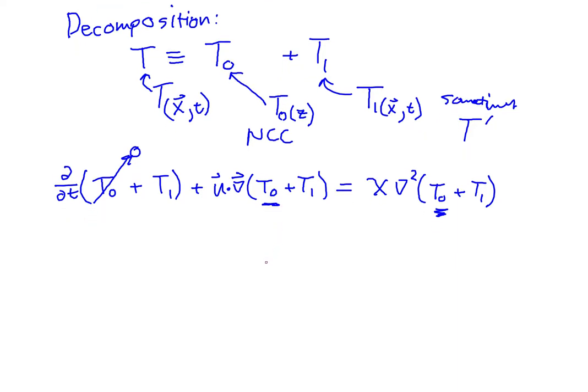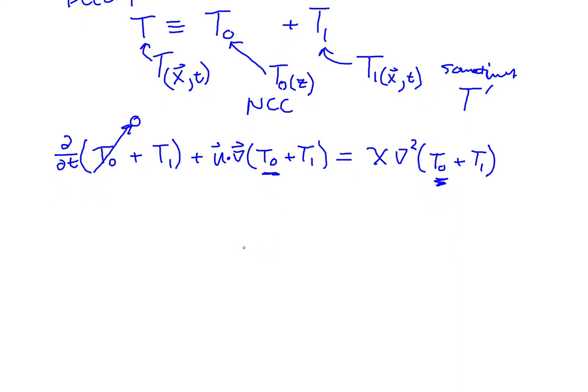Okay. So I'm going to take this equation and rewrite it again, just gathering terms in a convenient way. So I'm going to write d by dt of T1 plus u dot grad T0, and let's decorate our vectors here.